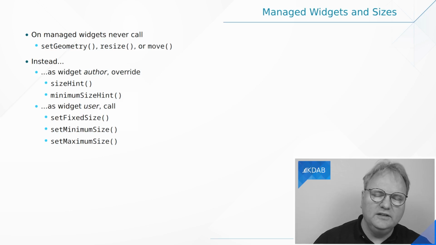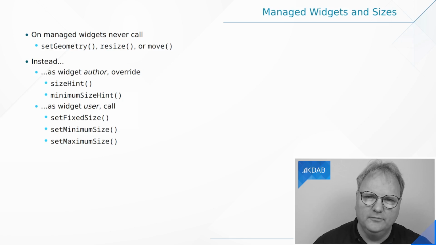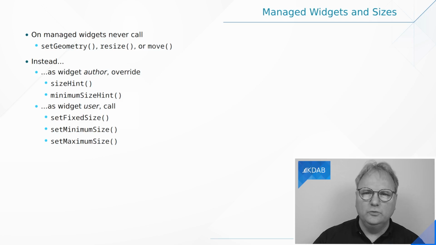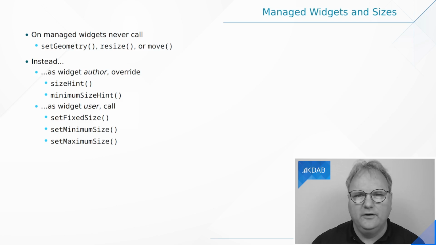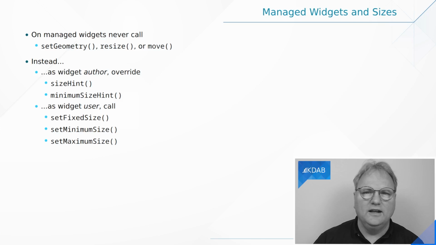Well, you use the sizeHint and minimumSizeHint to give your preferences on what size your widget should have. And that is if you are a widget author. That means if you're sitting there saying, I would like to create a new widget, a silly example, a compass widget.